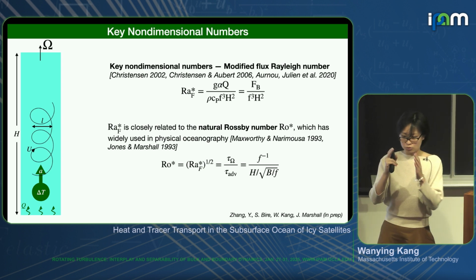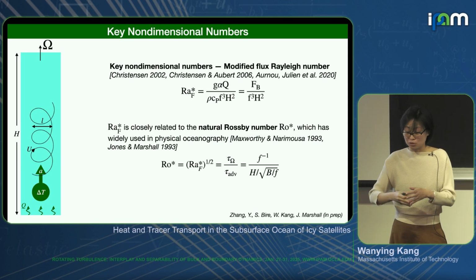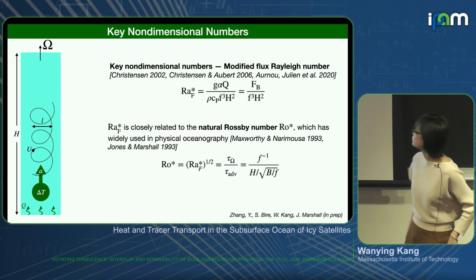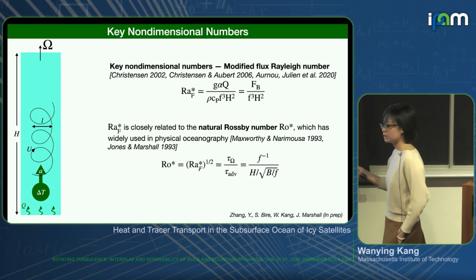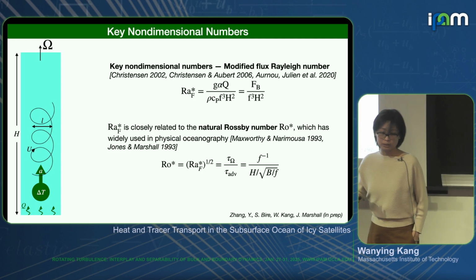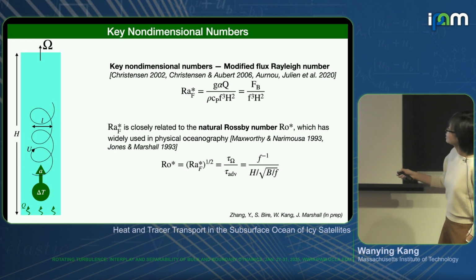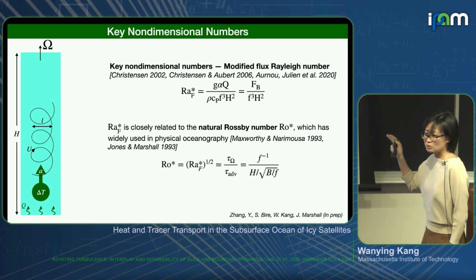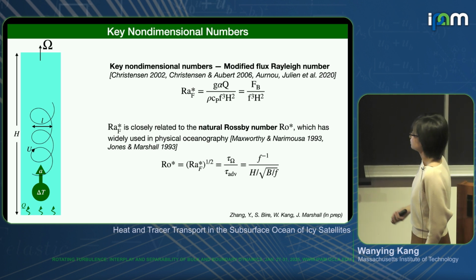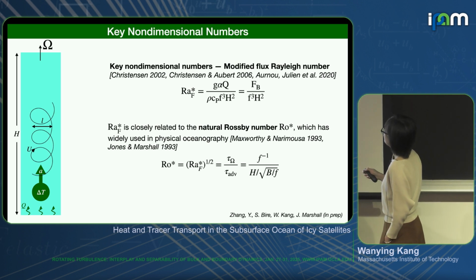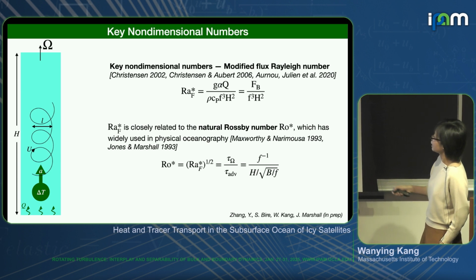Usually the traditional flux Rayleigh number is combined with the Ekman number; the flux Rayleigh number is a huge number and the Ekman number is a tiny number. So assuming the system is turbulent enough that diffusivity doesn't play too much of a role, it's quite informative to just use the modified flux Rayleigh number, where all the nu and kappa are cancelled. The definitions of these numbers are given here.